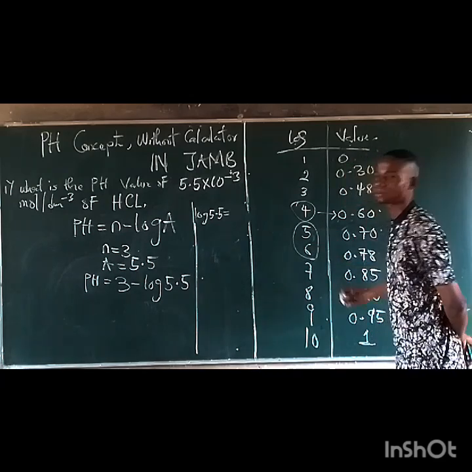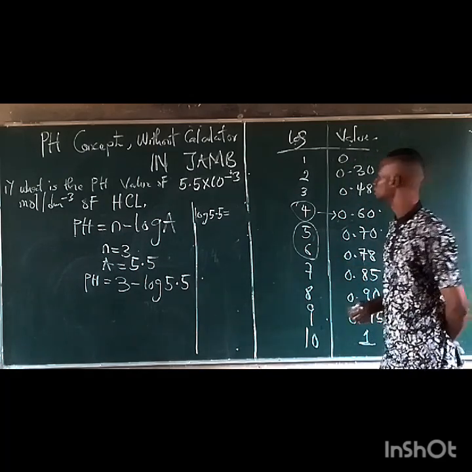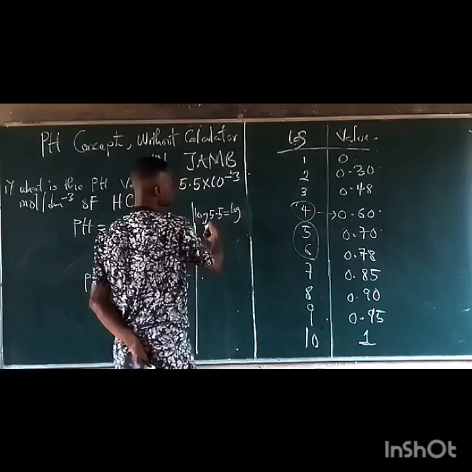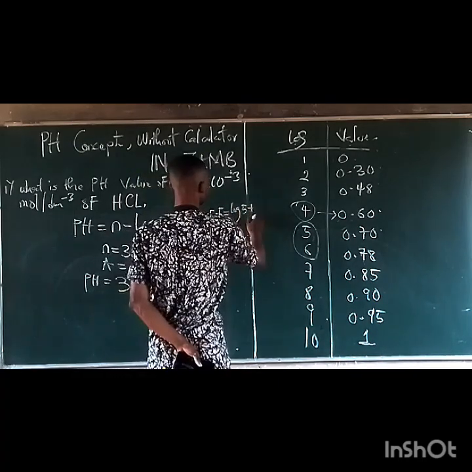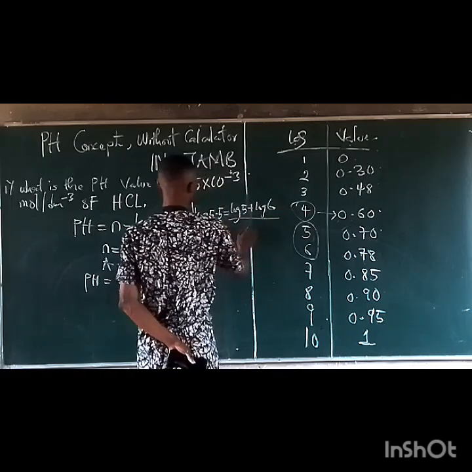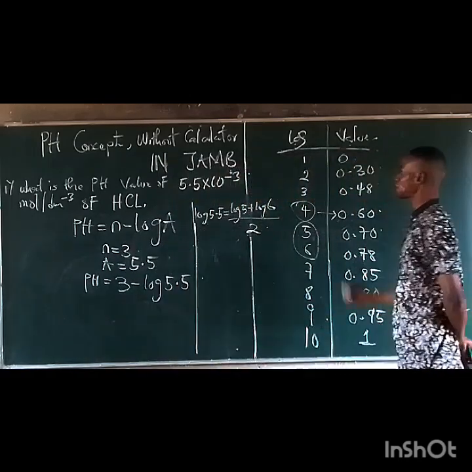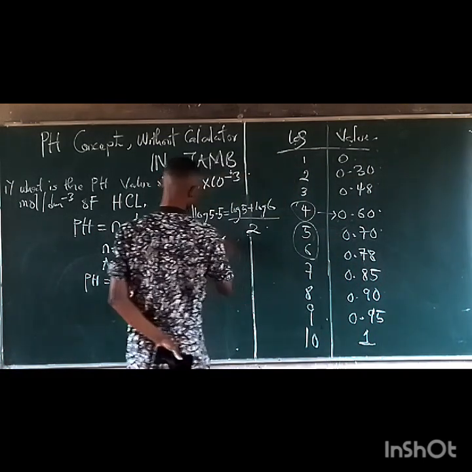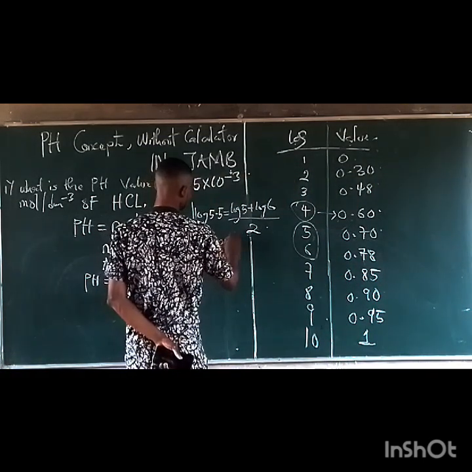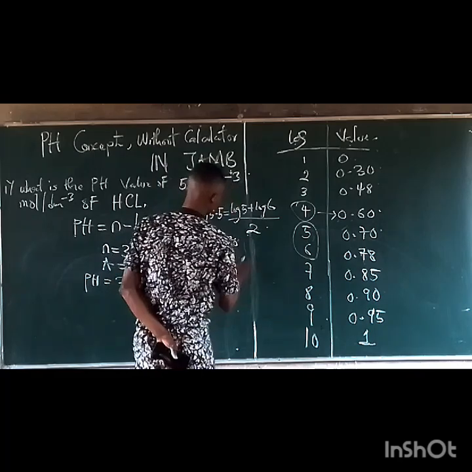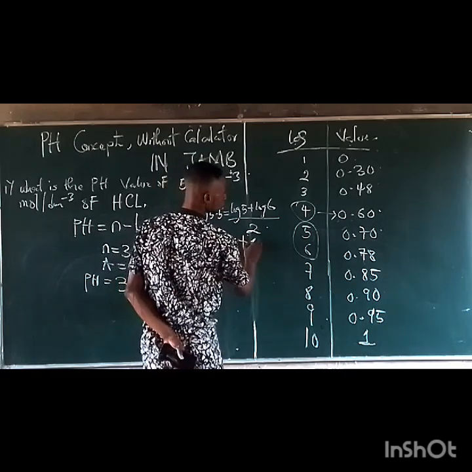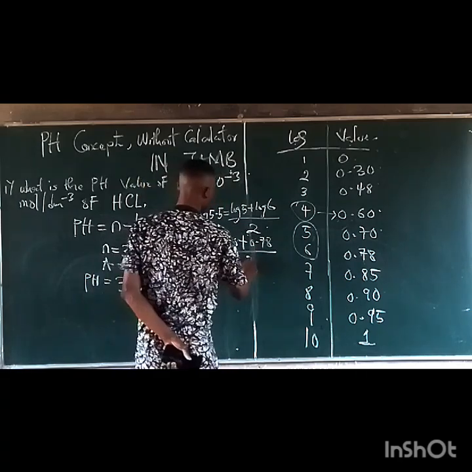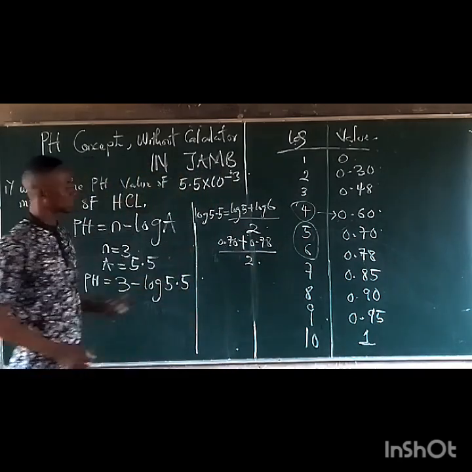So this is what you do. You just take the average of these two log values. By taking the average, log 5.5 will give you log 5 plus log 6, all over 2. That's how you get the value. So if our log 5 is 0.70 plus log 6 is 0.78, all over 2, then you can add it up.